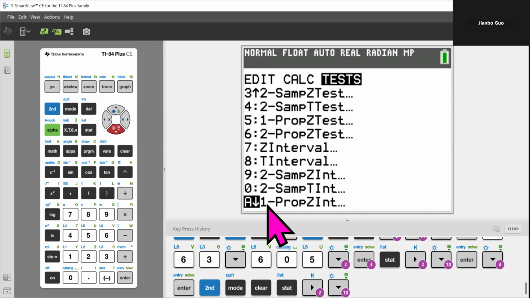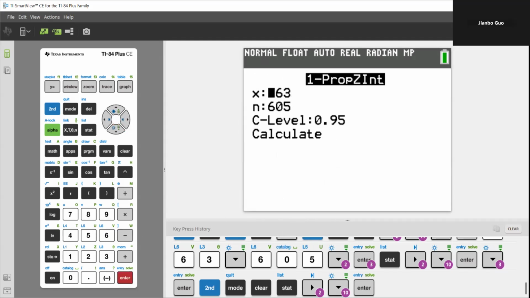The function we need to use is called one proportion z interval because the critical value is a z-score, and we are estimating one population proportion. So choose that function, and we need to enter the values for those entries.